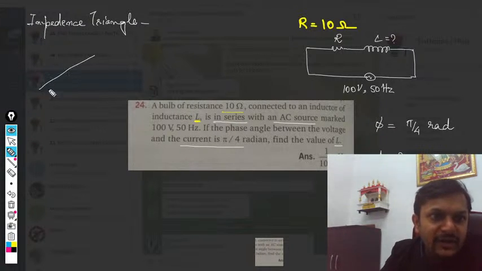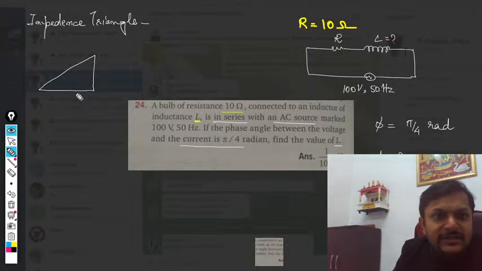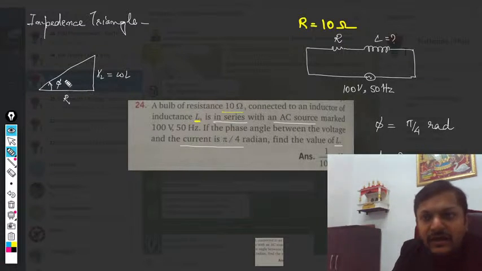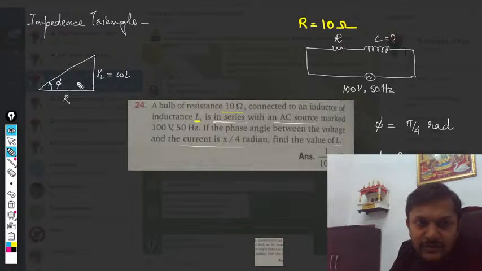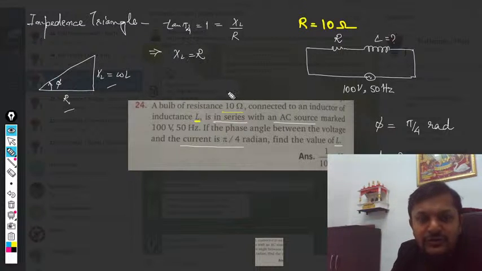So impedance triangle will be somewhat like this, and this will be R, this will be XL omega L, and this angle phi is given as pi by 4, so this will be 45 degree, so it means R should be equal to XL. So tan pi by 4 is equal to 1. This implies XL should be equal to R.